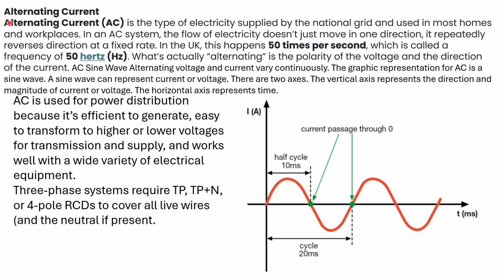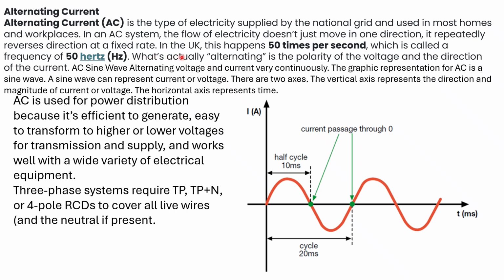In the UK, this happens 50 times per second, and not only in the UK, but in all those countries where the UK has ruled at one time, that is India also. 50 times per second is called the frequency, 50 Hz. In other countries, it is 60 Hz. Other countries means America and others.